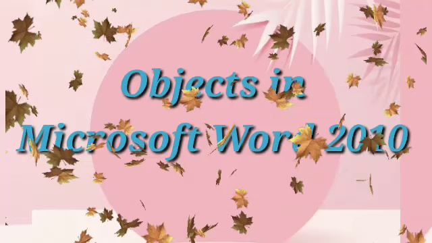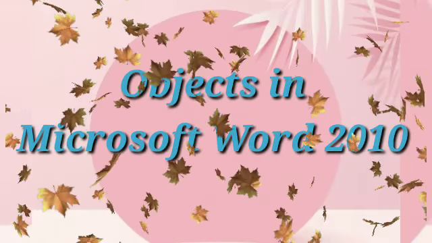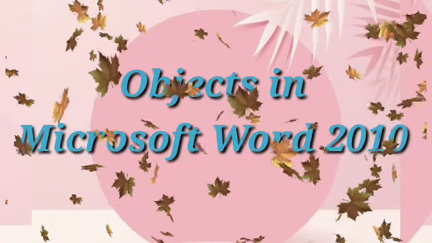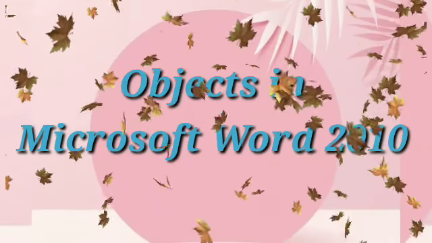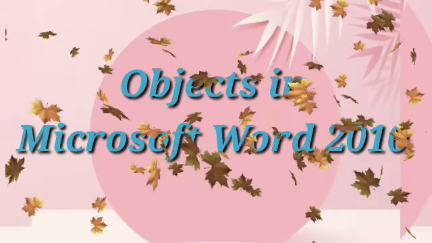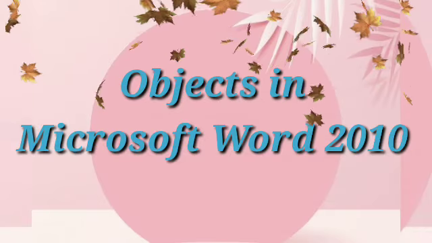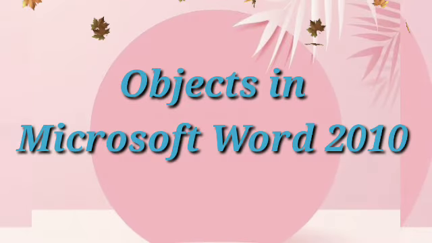So make it very attractive and fun to read by adding various pictures, shapes and symbols. Word 2010 comes with a collection of many such objects like clip arts, pictures, shapes and symbols. So, let's start the chapter with all these objects.